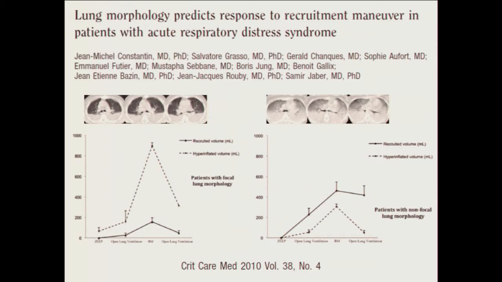How can we use these simple ultrasound signs to help us in managing patients with ARDS? For example, we know that patients with a diffuse loss of aeration may respond to PEEP and recruitment maneuver, whereas patients with a local, focal loss of aeration are not good PEEP responders.